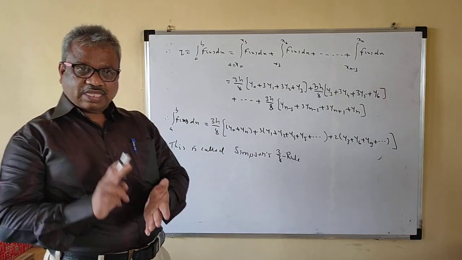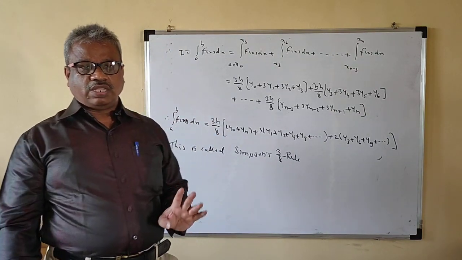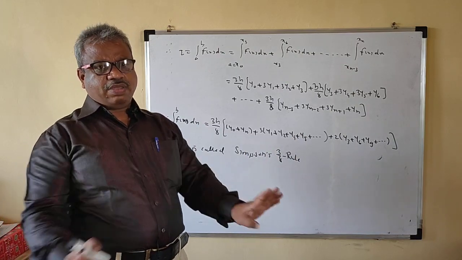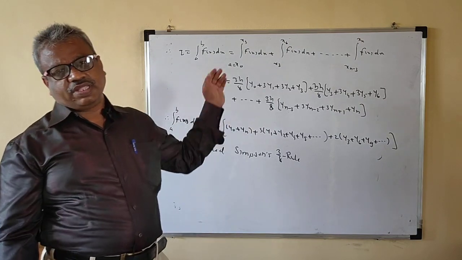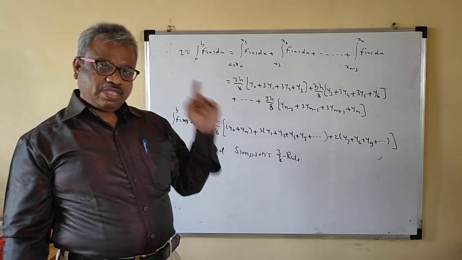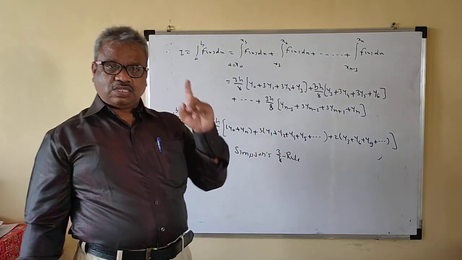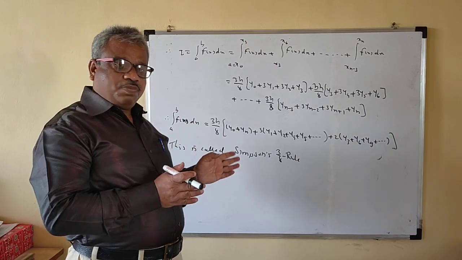So to apply Simpson's 1/3 rule and Simpson's 3/8 rule, there are conditions on n. For the trapezoidal rule, there is no condition: n may be 1, n may be odd, so for any n you can evaluate the integration with the trapezoidal rule. But with Simpson's 1/3 rule, n should be even, and with Simpson's 3/8 rule, n should be a multiple of 3.